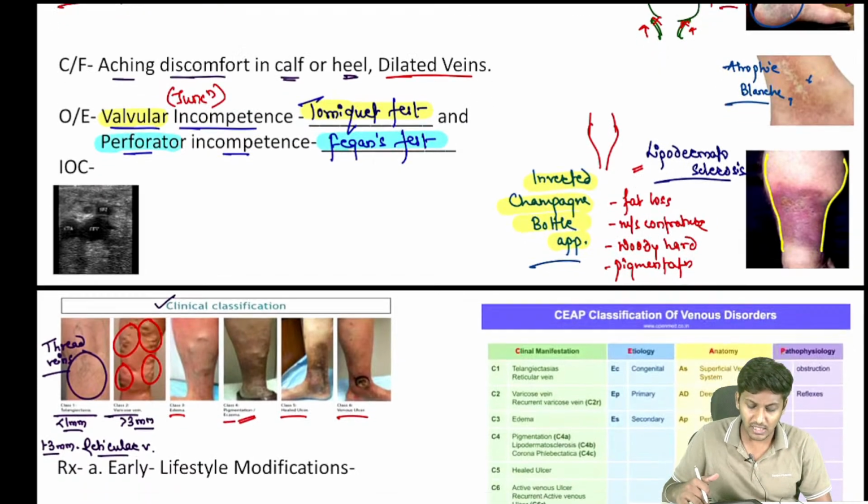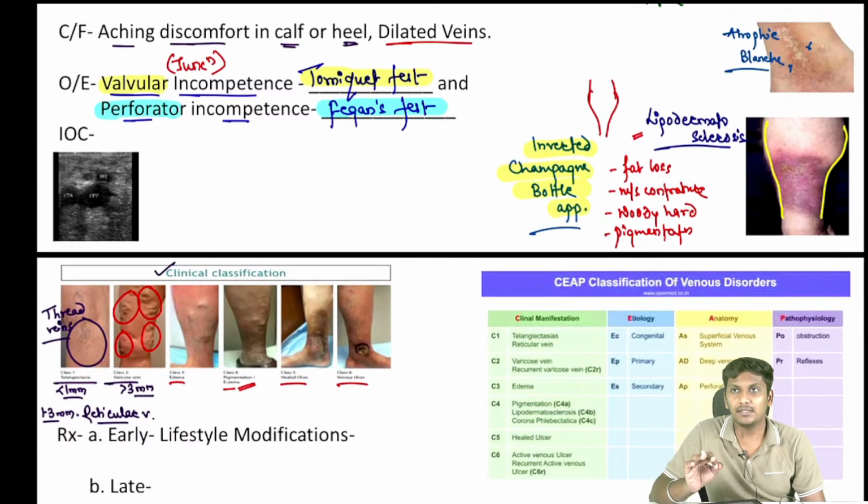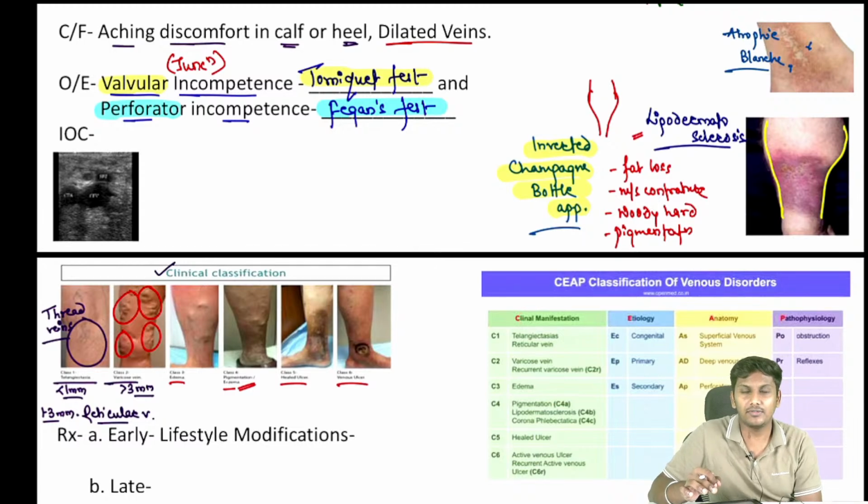Now the classification that we use for varicose veins has been asked. They only asked that the CEAP classification is used for which condition. So you have to remember the CEAP classification is used for varicose veins, and you have to understand the full form also. What do the C, E, A and P stand for?